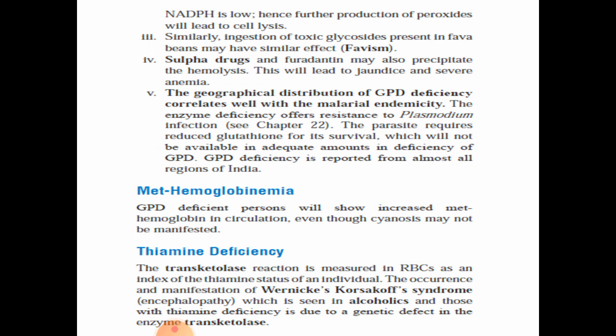Next condition is ingestion of toxic glycosides present in fava beans, which will also lead to RBC lysis, called favism. With sulfa drugs also, hemolysis will be increased and will lead to jaundice and anemia. The geographical distribution of G6PD deficiency correlates well with malarial endemicity.